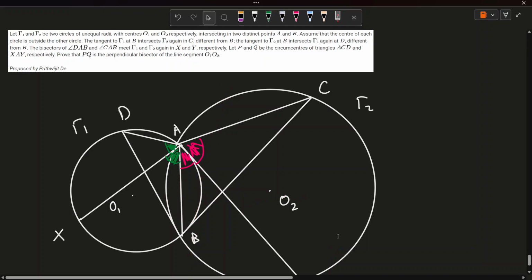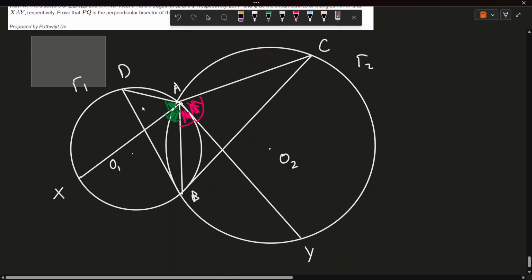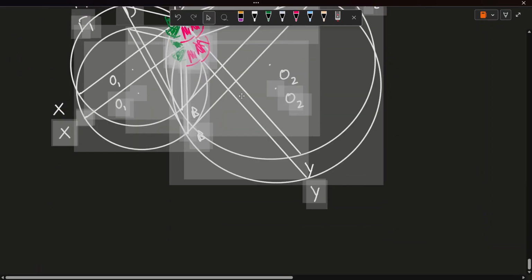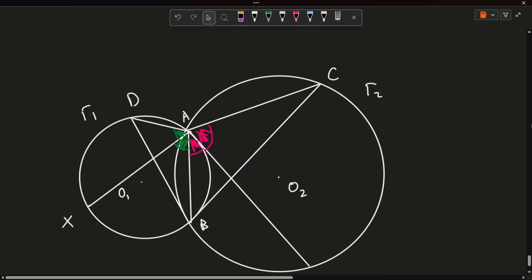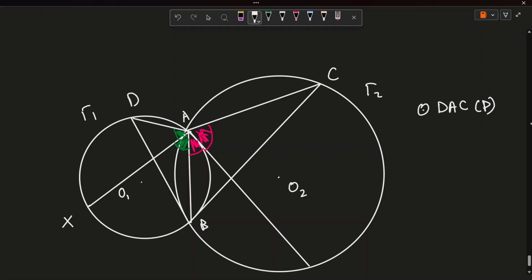This is what we need to prove. Okay, so I have not yet drawn the circumcenters because I wanted to share some concepts before it. So let's try to draw the circumcenter of DAC, and we know that is P.